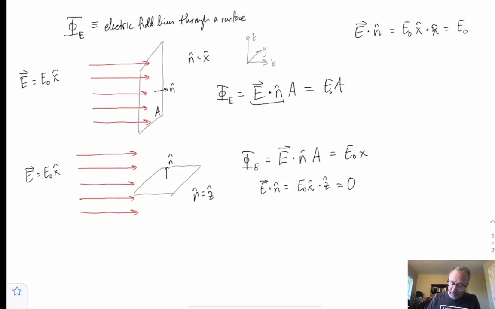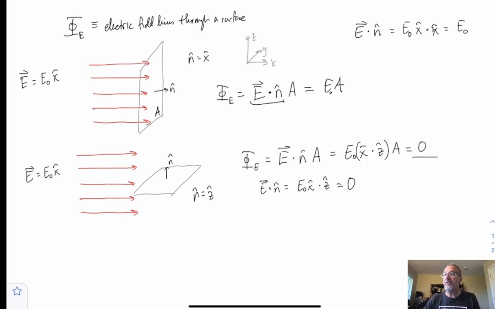So this would be 0, which makes sense. The flux quantifies how much of the electric field gets through a surface. If all the electric field gets through the surface, it's the magnitude of the electric field times the area of the surface. If none of the electric field gets through the surface, it's 0 because there's no electric field actually threading through the surface.